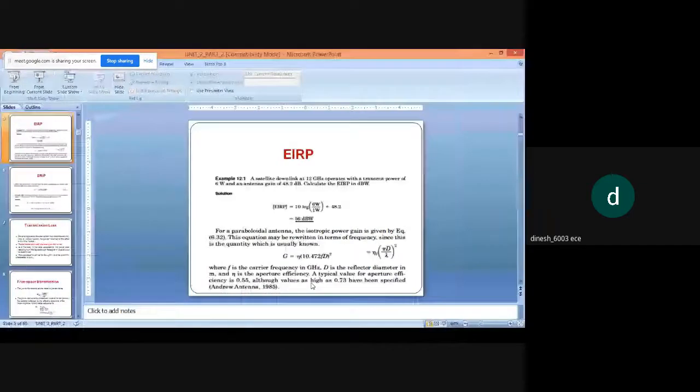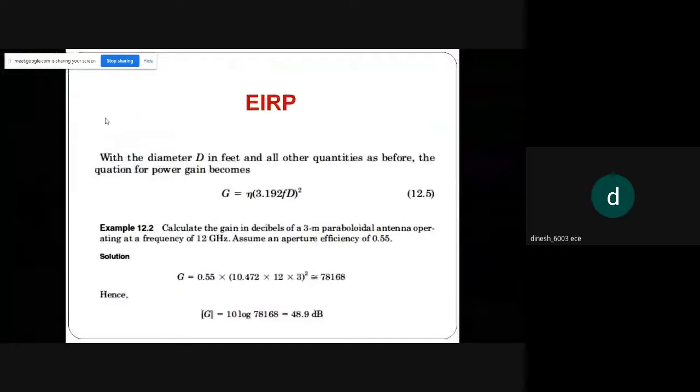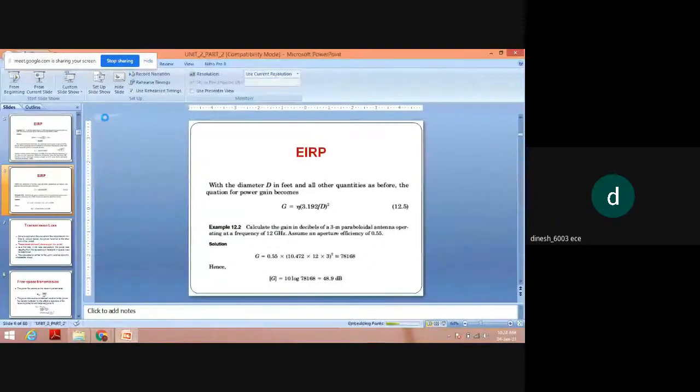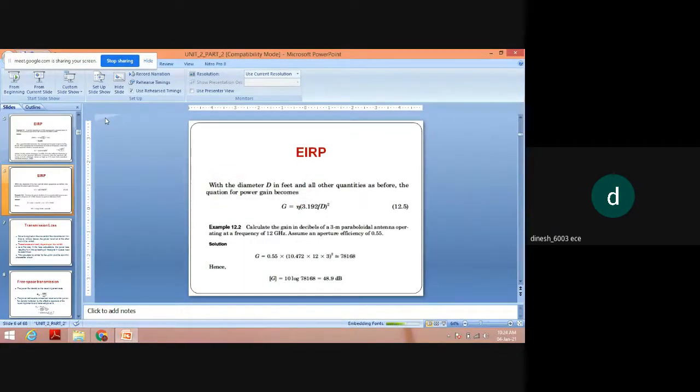So this is the gain of the parabolic antenna. These are just two problems based upon the first parameter, the first link budget calculation.